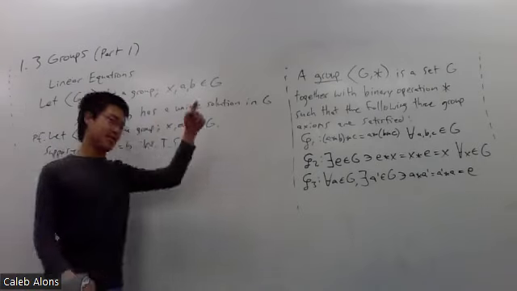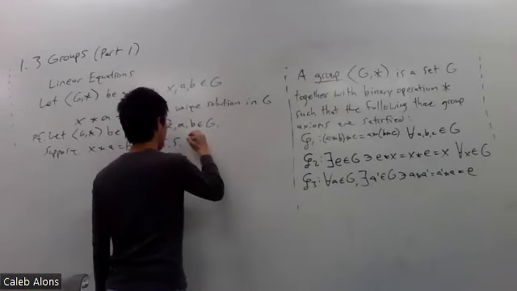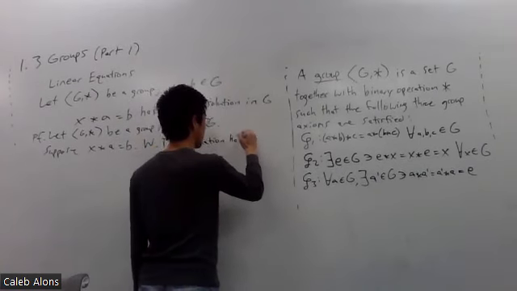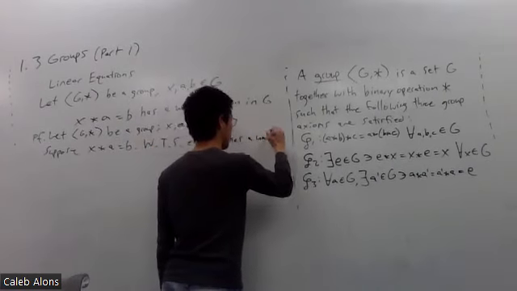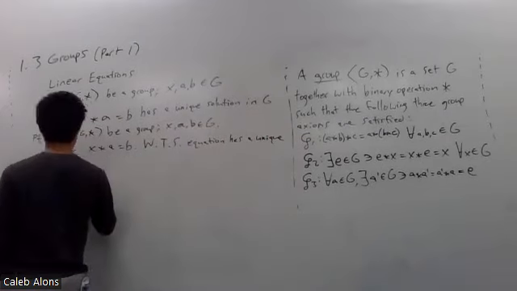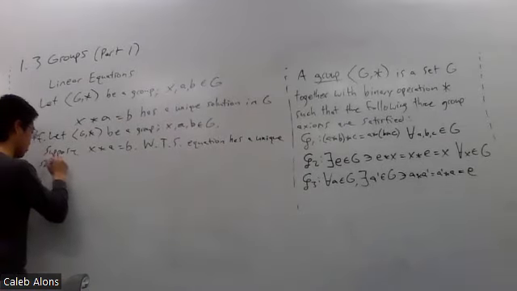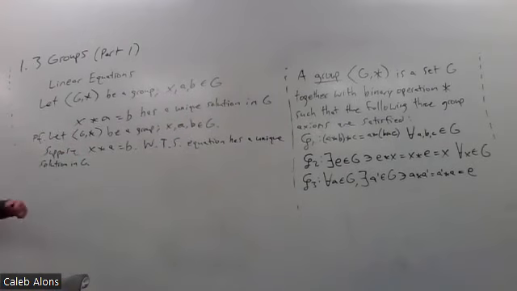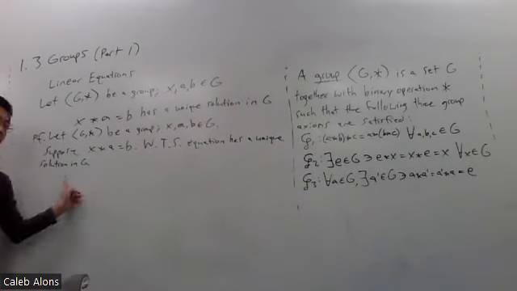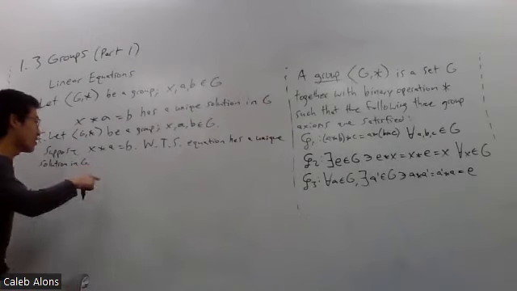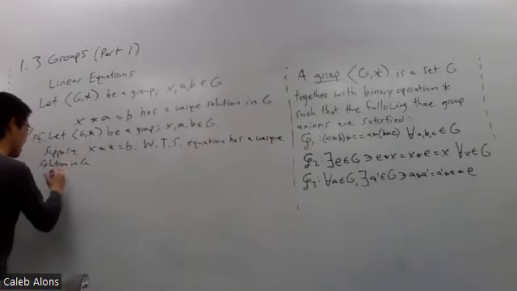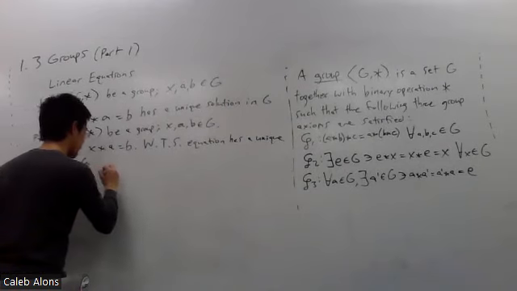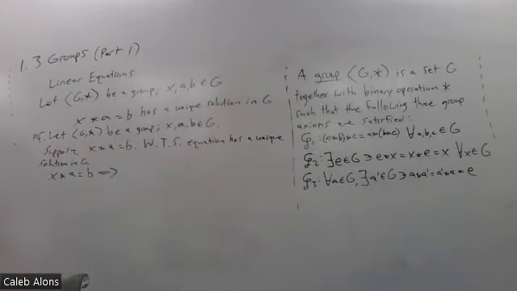Well, I want to show how exactly it has a unique solution, so the equation has a unique solution in G. Cool. I have my ingredients, I have my goal. Now we go for it. Right, so we take x star a equals b and see what we can get out of this.